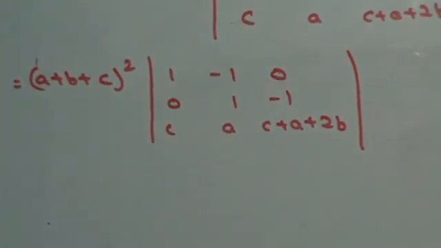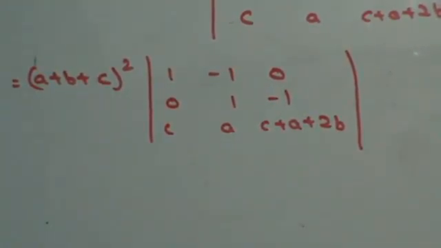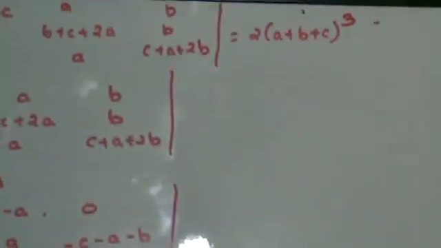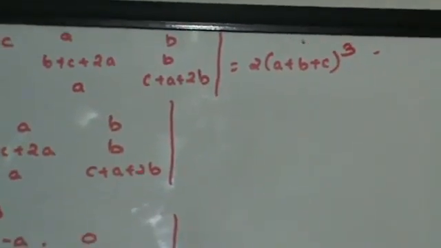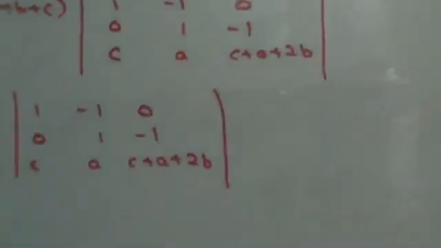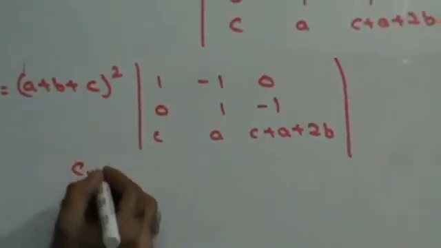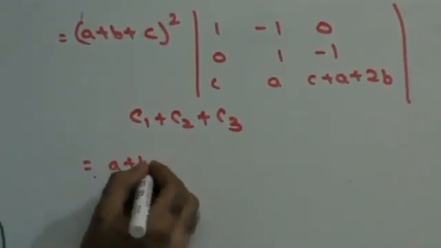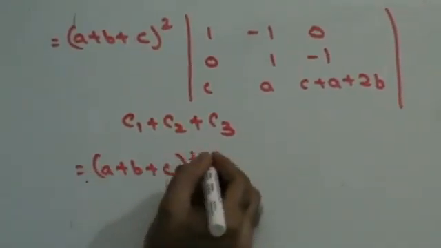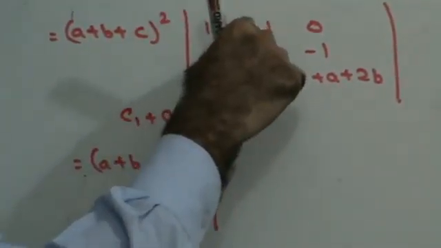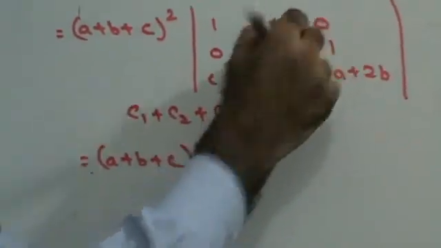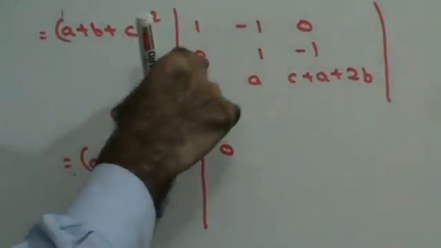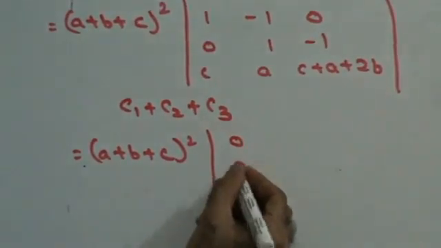I want my answer as a plus b plus c the whole cube. Guys, just make this correction. I want a plus b plus c the whole cube in the question. I need another a plus b plus c. C1 plus C2 plus C3. If I add the three columns, a plus b plus c the whole square, add plus 1 minus 1 plus 0, 0 plus 1 minus 1, 0.